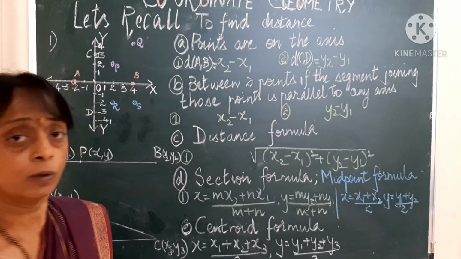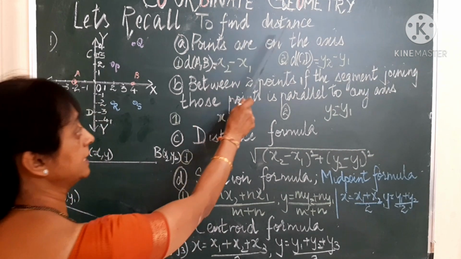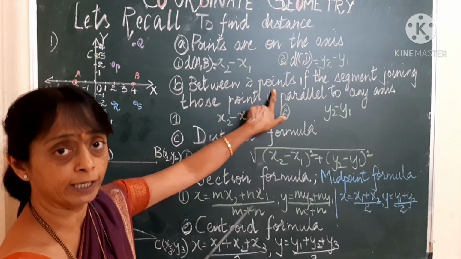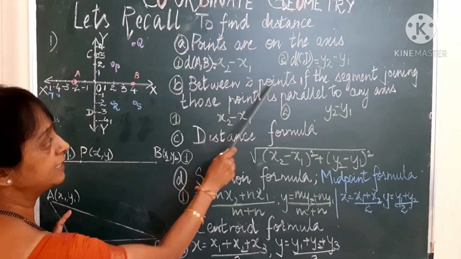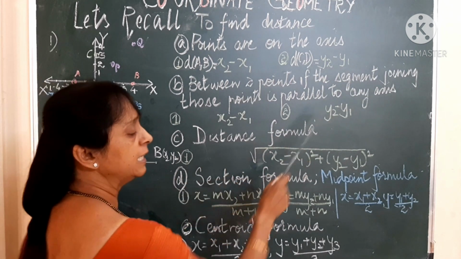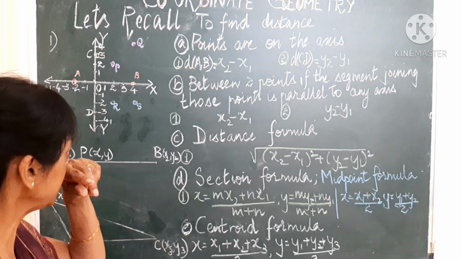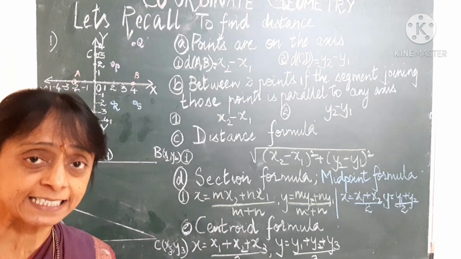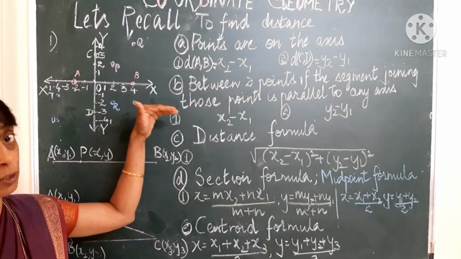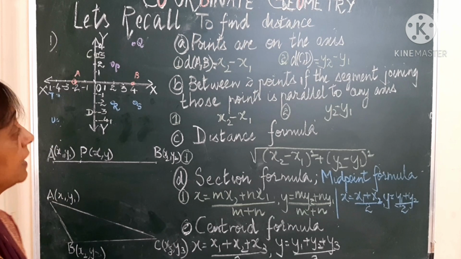Now, next, what did we learn? We learned to calculate the distance between any two points, but how? If the segment joining those two points is parallel to either the x-axis or the y-axis. Let's see, do we have points where, when we join them, the segment becomes parallel to either the x-axis or the y-axis. Let's observe the figure.